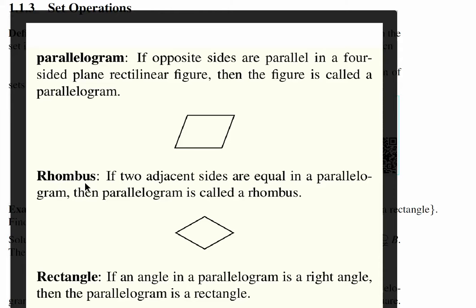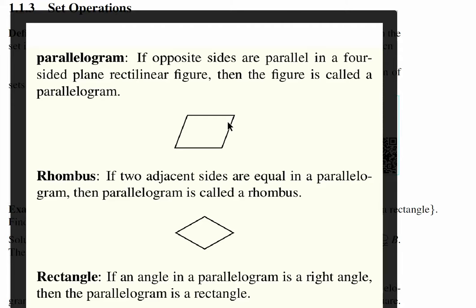How is rhombus defined? The rhombus is defined based on the parallelogram. If 2 adjacent sides are equal in a parallelogram, then the parallelogram will be called a rhombus. That means that a rhombus has to be a parallelogram first.